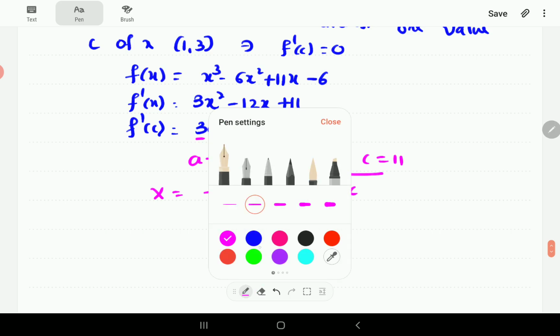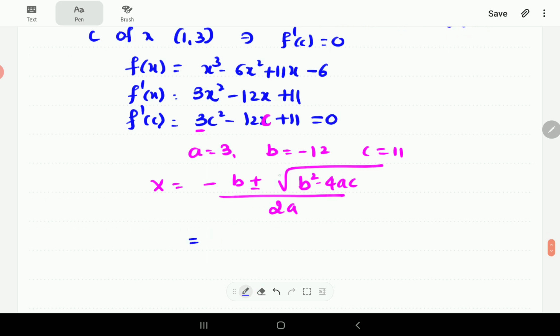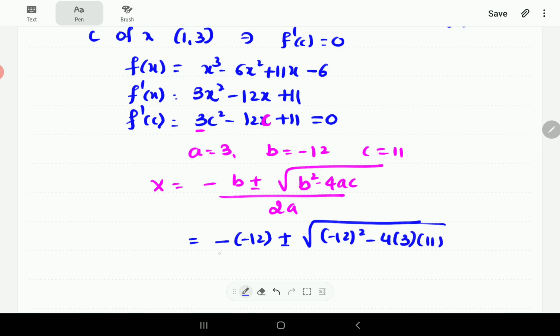So here in place of b I have negative 12, so plus or minus square root of minus 12 the whole square minus 4 into a into c, that is 11, divided by 2 times 3.